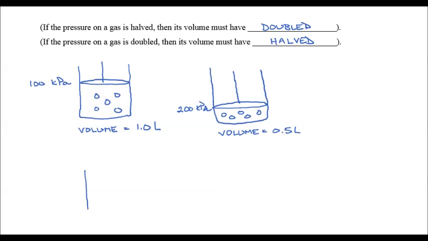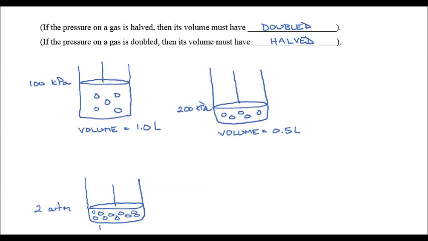If we have a cylinder at 2 atmospheres of pressure, and there's different units for pressure, and the gas that is inside, doesn't matter how many particles there are, I'll make it 10.